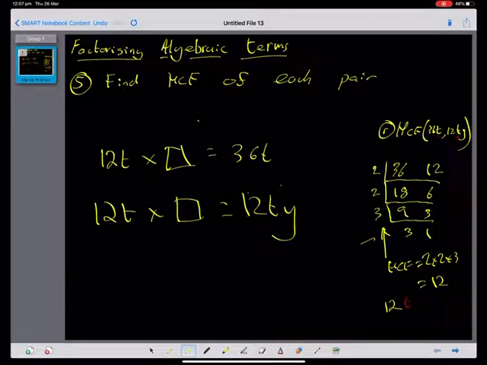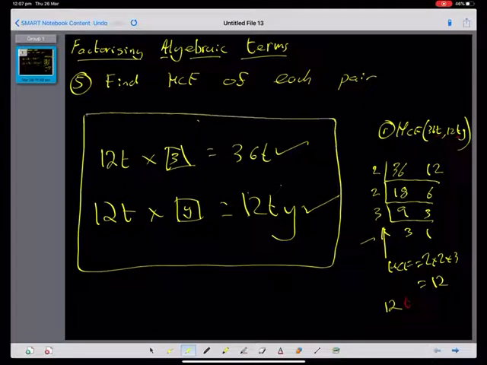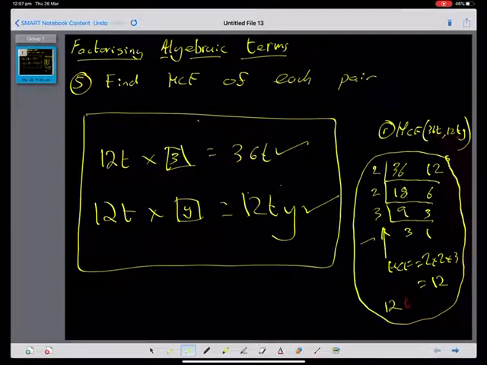Okay, well, 3 12s are 36, so this works. 12t multiplied by y, so this works. We need to be careful with this method because it shows that it's a factor, but it doesn't necessarily show that it's the highest factor. And we need to use this method here to make sure it's the highest factor.